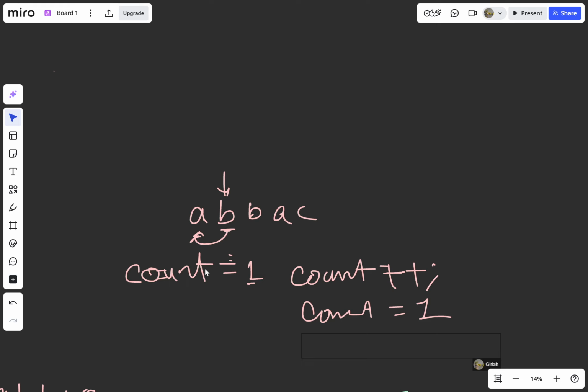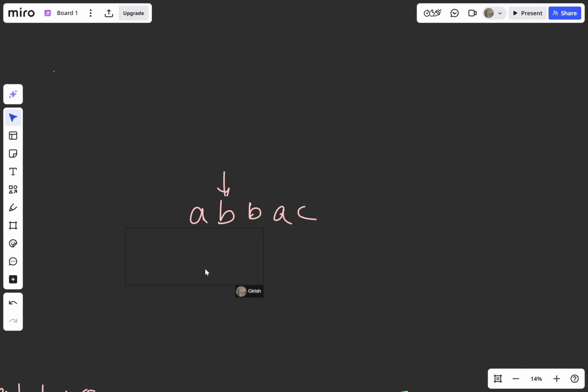By this you can get the idea: first we see if A is there only, and the count here will be 1.